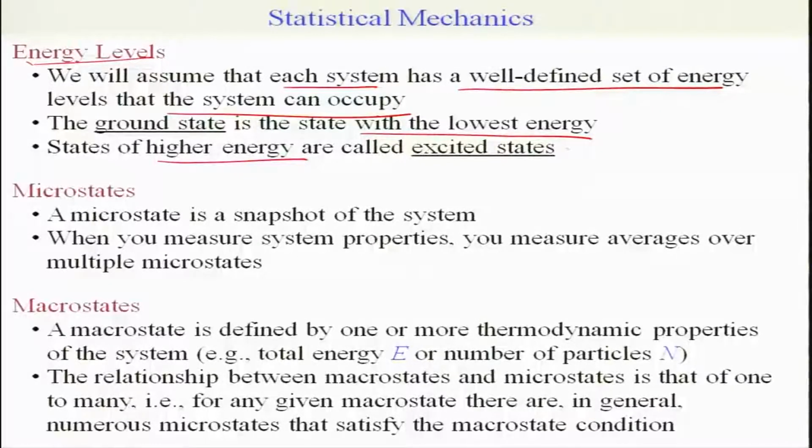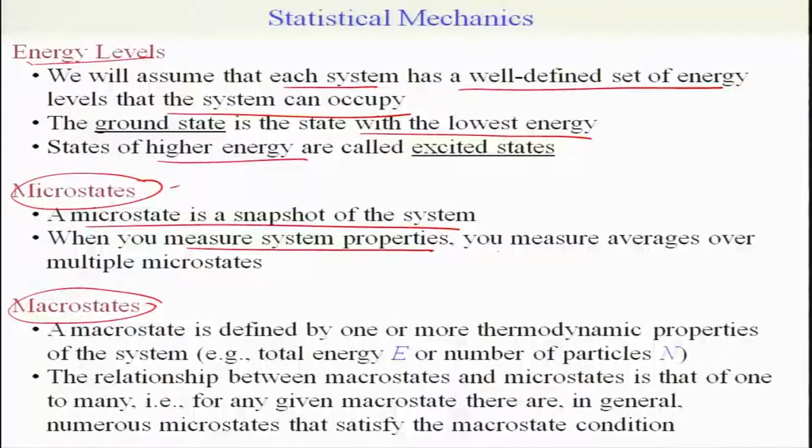We often use terminology such as microstate and macrostate. So, what is a microstate? A microstate is a snapshot of the system. When you measure a system property, you measure averages over multiple microstates.